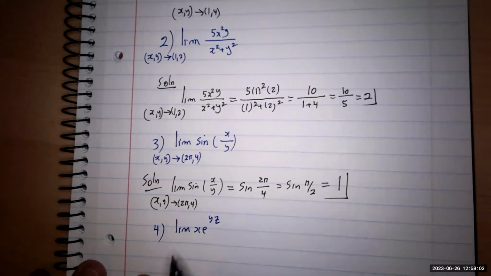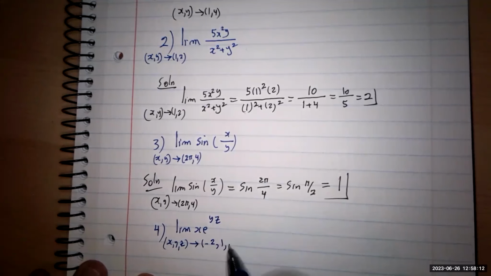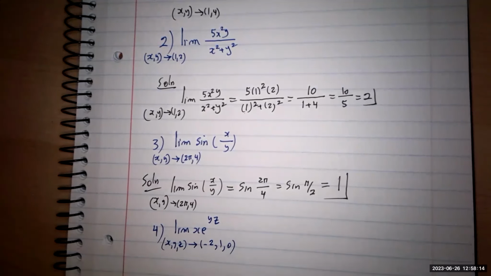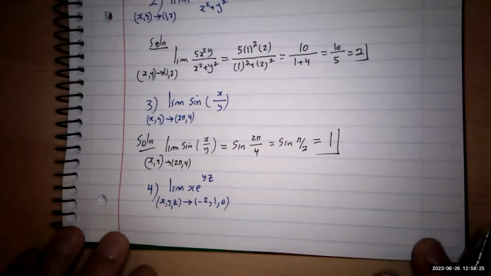So the limit is when x, y, z goes to -2, 1, 0. It doesn't matter, the exponential function is a continuous function. So you just use direct substitution to get the result.